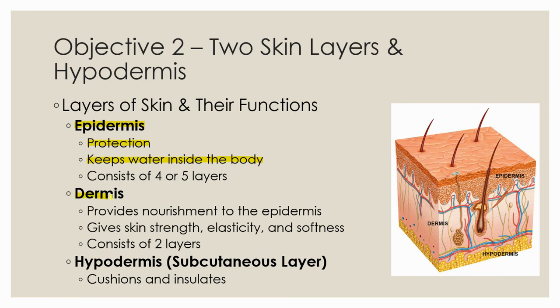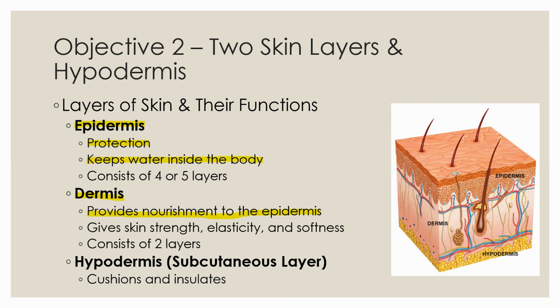Now in the middle we have our dermis, the deepest layer of the skin itself, and its job is to provide nourishment to the epidermis. When we covered tissues, we learned that epithelial tissue is non-vascular. Our epidermis is made up of epithelial tissue, which means it doesn't have blood vessels running through it.